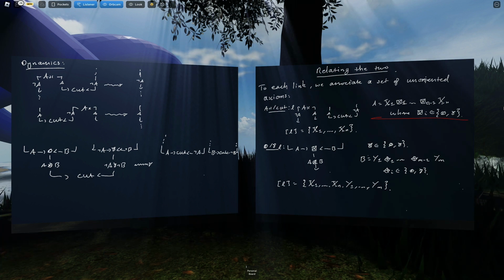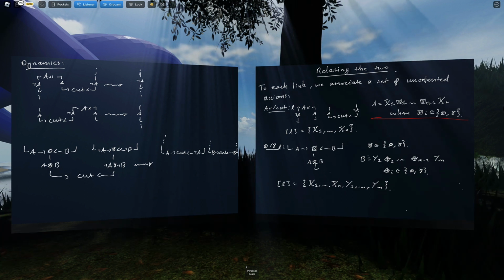Cool. And the reason why I've done that is so that now I can define a Hilbert space, which is going to be the exterior algebra of the complex vector space freely generated by these sets. That's going to be the Hilbert space associated to each link. And then for the entire proof, I just sum over all of the different links in the proof.